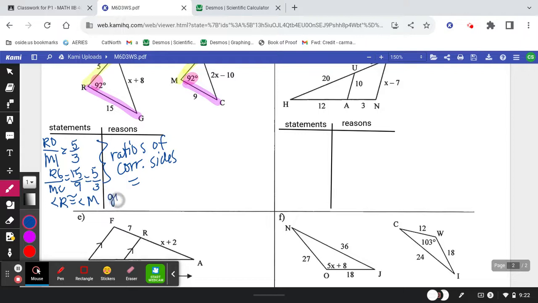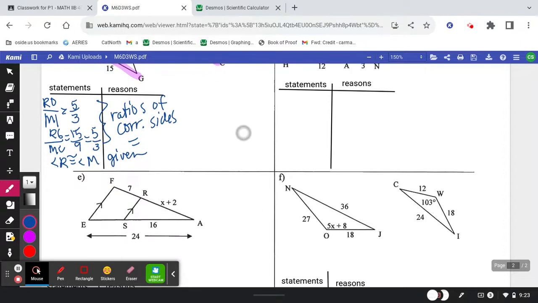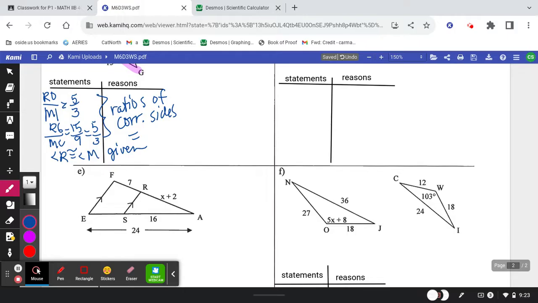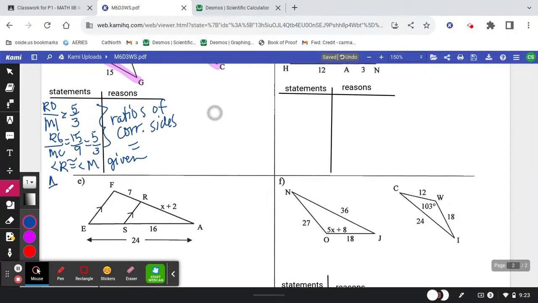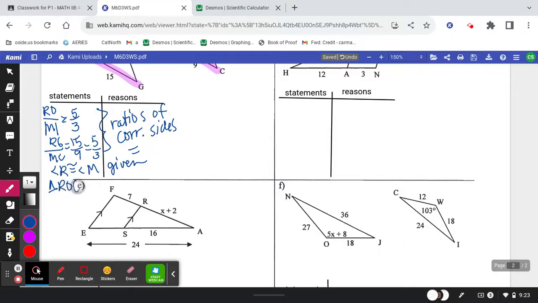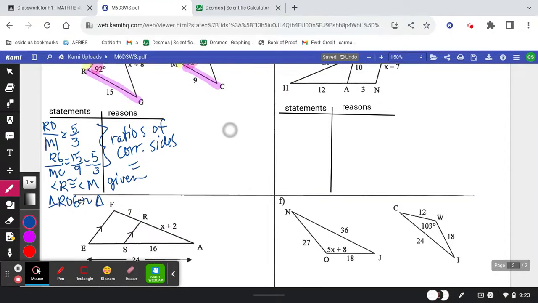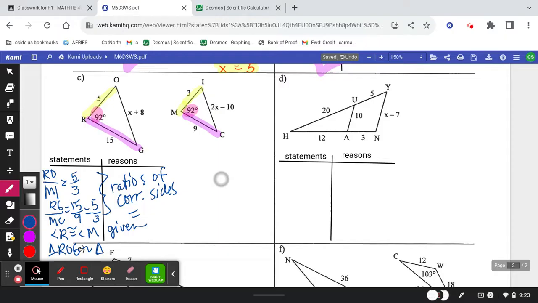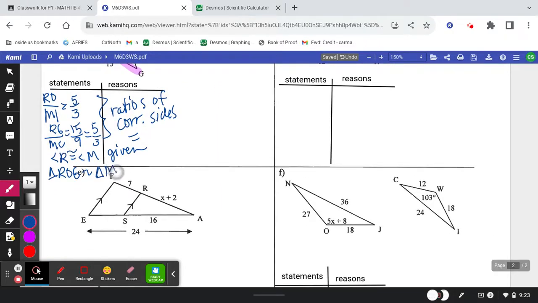And down here it was given. So we have enough for triangle similarity. Sorry, I'm squeezing this in down here. Triangle ROG is similar to triangle MIC by SAS similarity theorem.